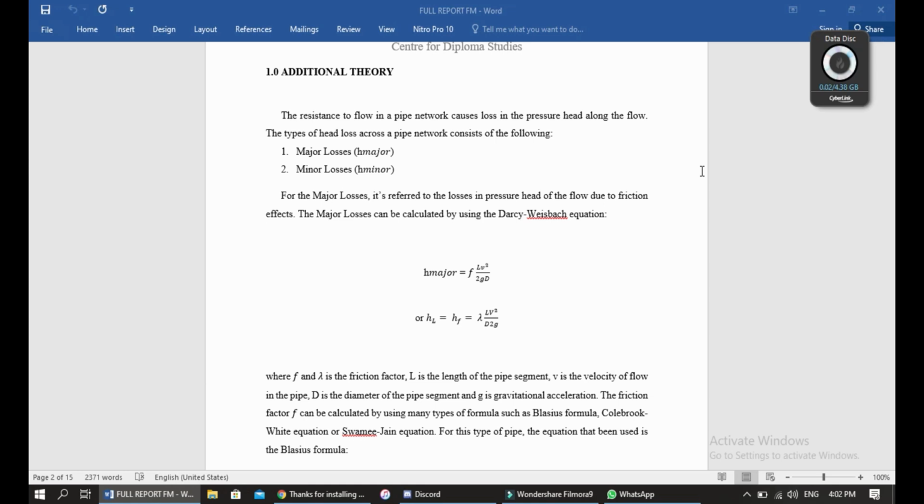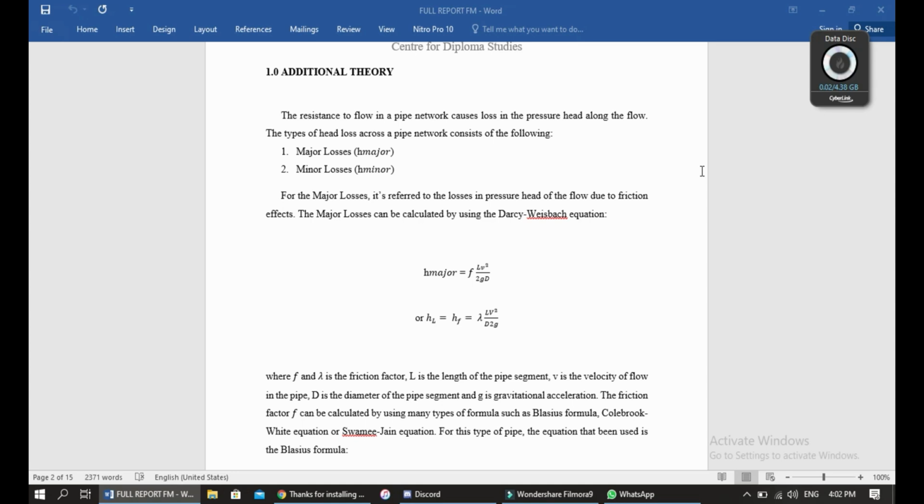Major losses refer to the losses in pressure head of the flow due to friction effect. Major losses can be calculated by using the Darcy-Weisbach equation. As we can see in the report, H major can be calculated by using the formula f times L V squared over 2gD.